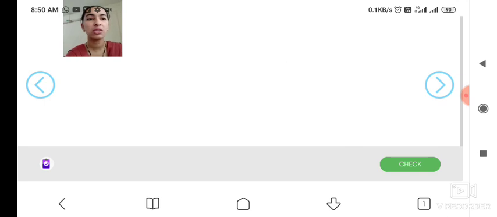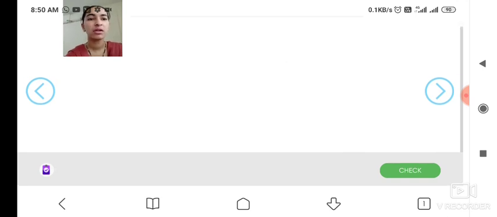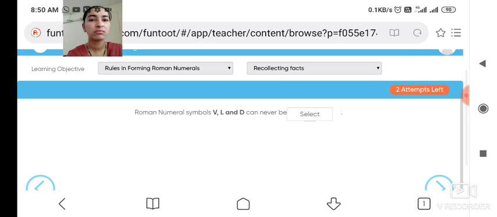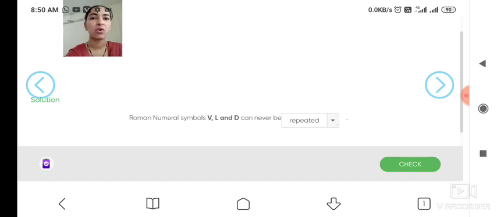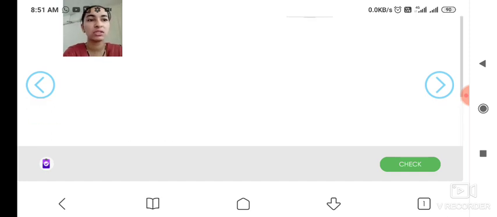They are single or they are repeated? Tell me the answer for that. They can never be repeated. We cannot write double V. We write 10 as X, not double V. And for 100, how are we going to write it? For 100 we use capital C. We do not write double L. Yes students, understand this?